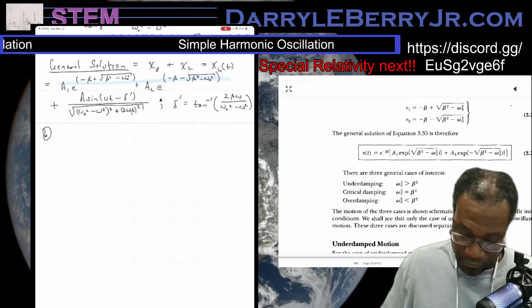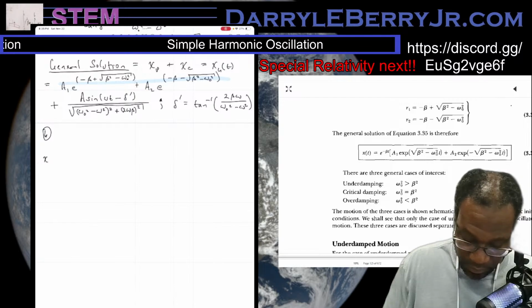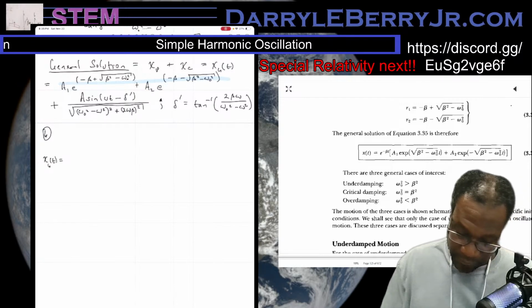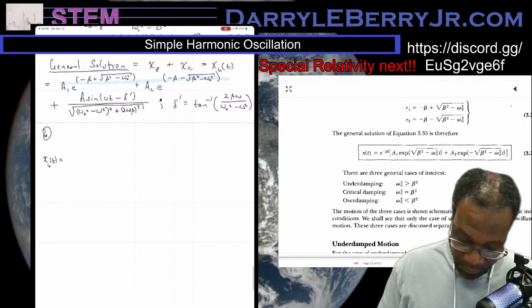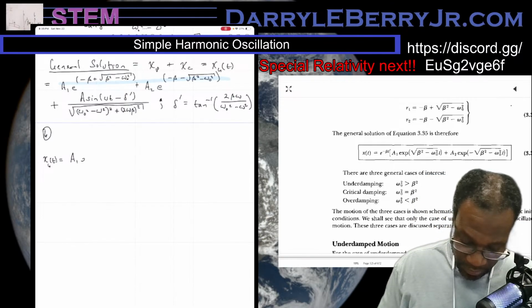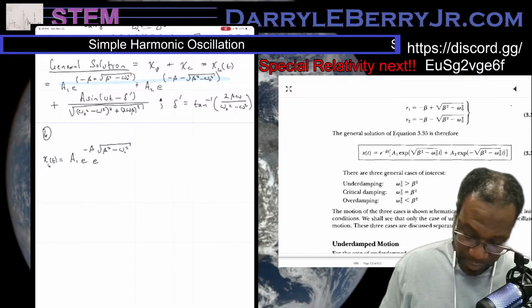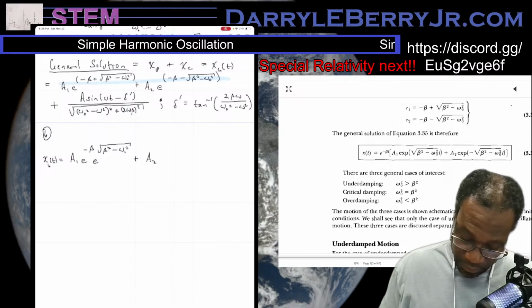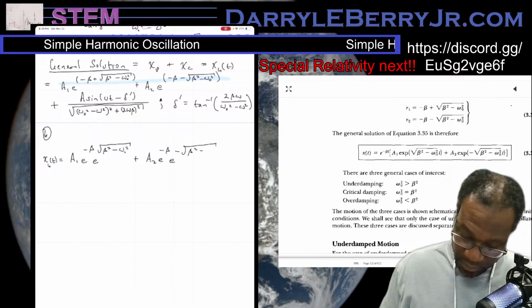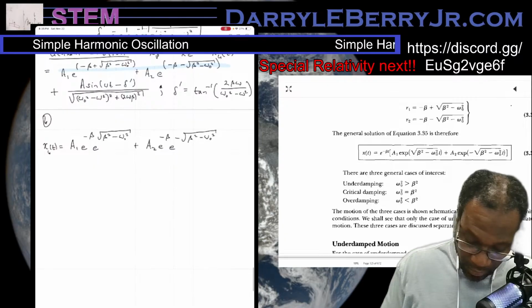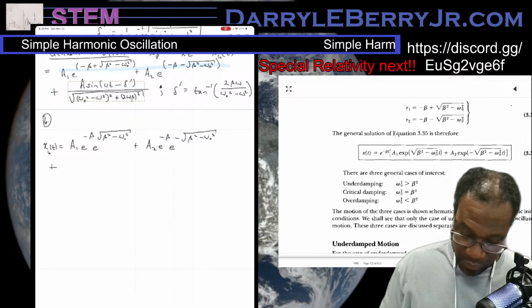So we'll say x_g(t) equals A1 e^(negative beta t) e^(square root of beta squared minus omega naught squared t) plus A2 e^(negative beta t) e^(negative square root of beta squared minus omega naught squared t) plus, everything else remains the same.